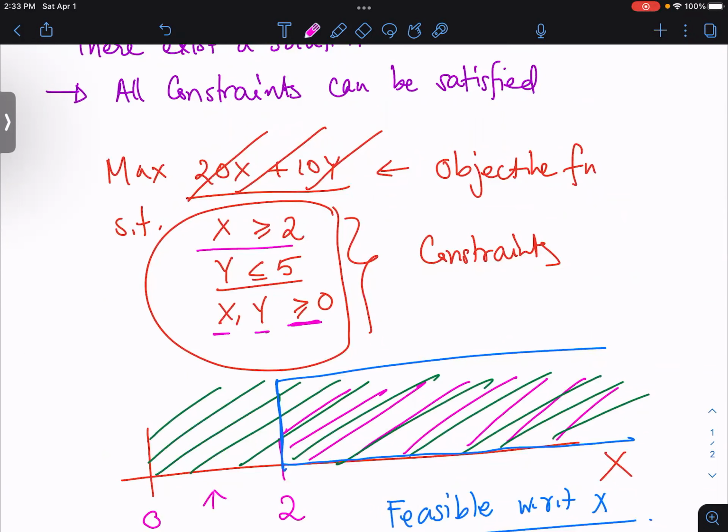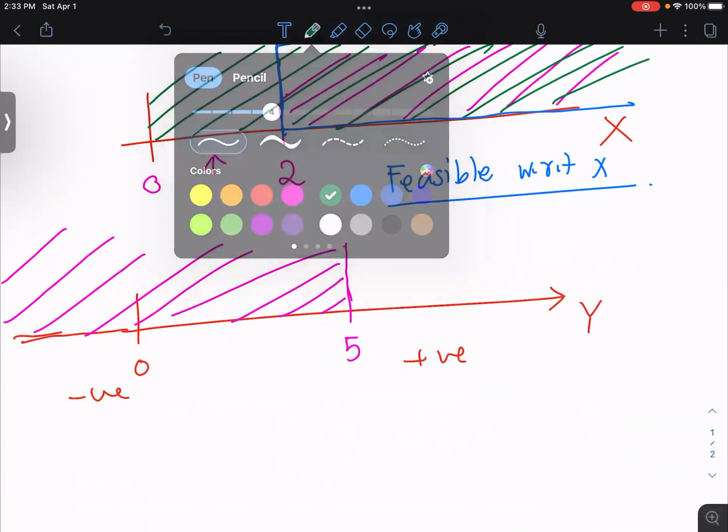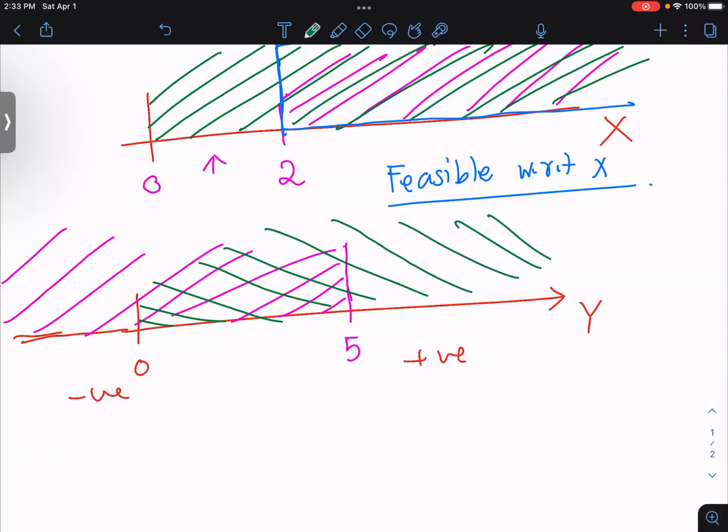The next constraint on y tells you y greater than or equal to 0. If this is 0, this constraint tells you that y needs to be beyond 0, so y needs to be somewhere here. Again, you look at the chart. Is there any way that both constraints can be satisfied?